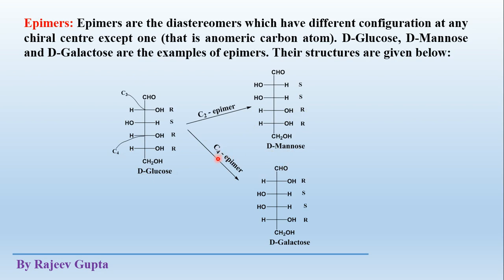If we change the configuration at C4, the fourth carbon, then we get this structure. This is called D-galactose.